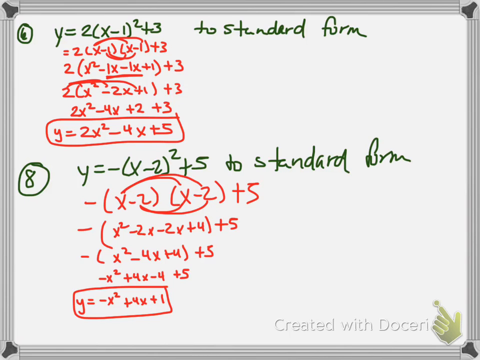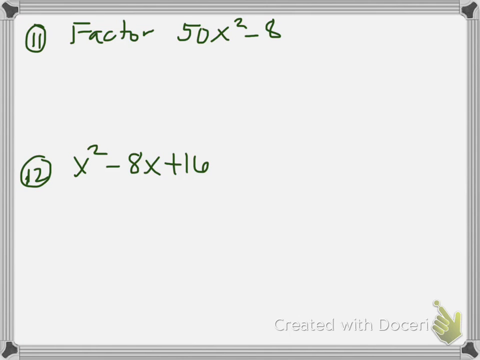So from here, we're going to skip to number 11. So number 11, 50x squared minus 8. It's a little weird, but both numbers are divisible by 2. So if I factor out a 2 from 50, 25x squared, and 8 divided by 2, 4.